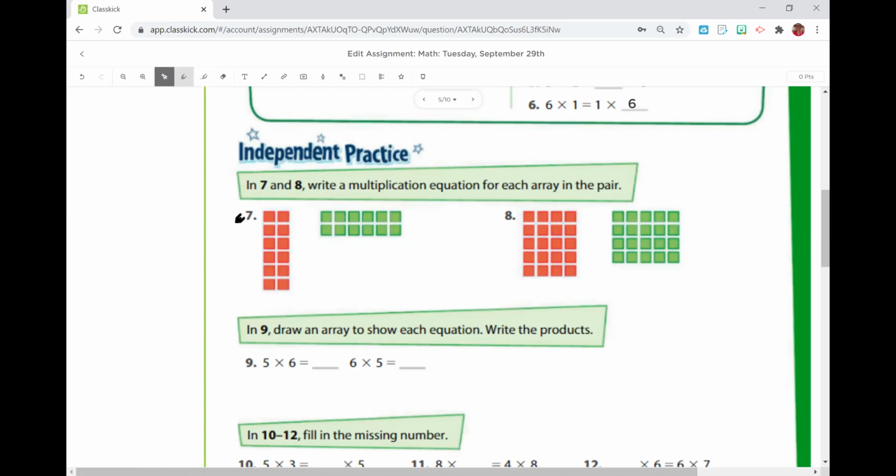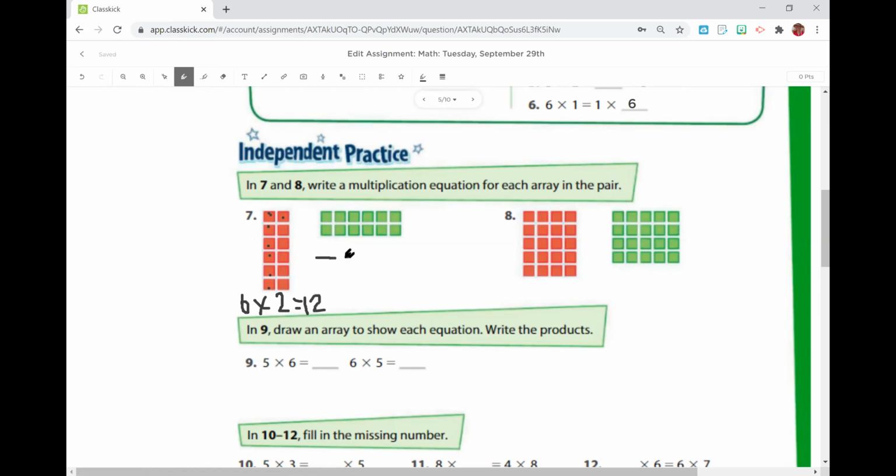So I could count the rows, 1, 2, 3, 4, 5, 6. That's my first factor, times, and how many columns? 1, 2. And then I could count by twos to figure out what it would equal. 2, 4, 6, 8, 10, 12. And my product is 12.